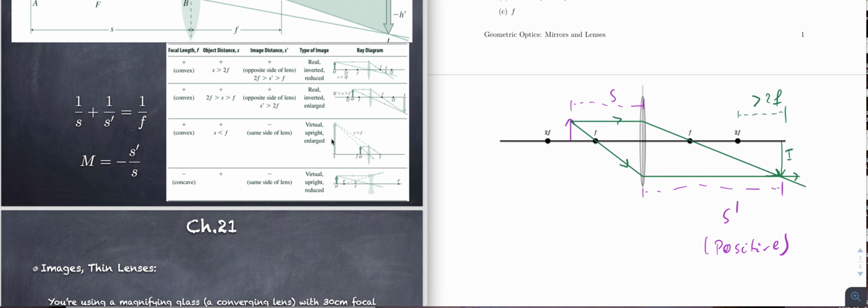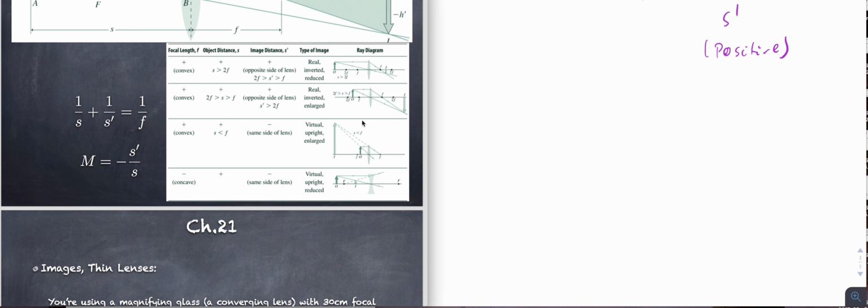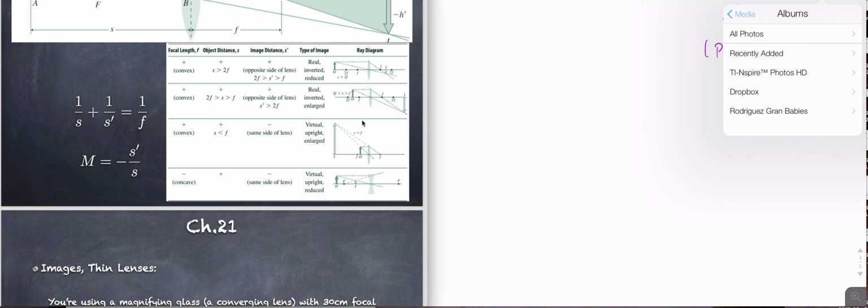Positive S prime, and this would be positive S. But now we have to be able to distinguish the fact that the image is formed to the left of the lens, even though we usually denote it positive to the right.